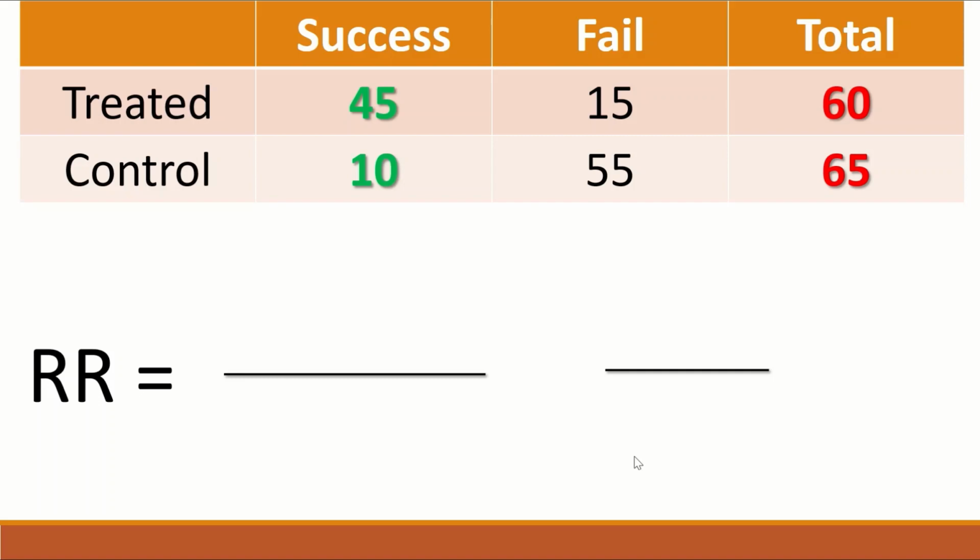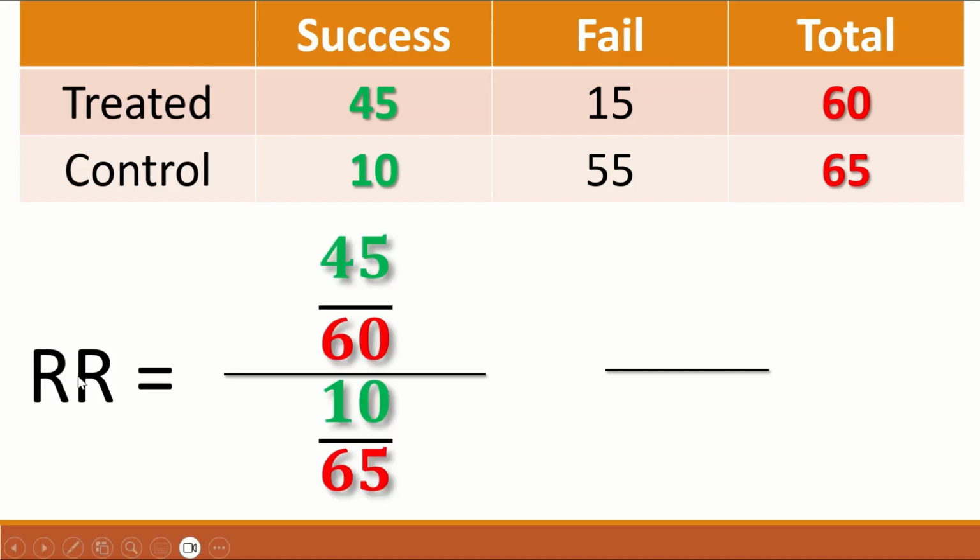To calculate the risk ratio, it is equal to the risk of the exposed to the risk of unexposed, risk of treated to the risk of control. So the event in the treated is 45, which is the number of cases, divided by the total population at risk, which is 60 for the treated.